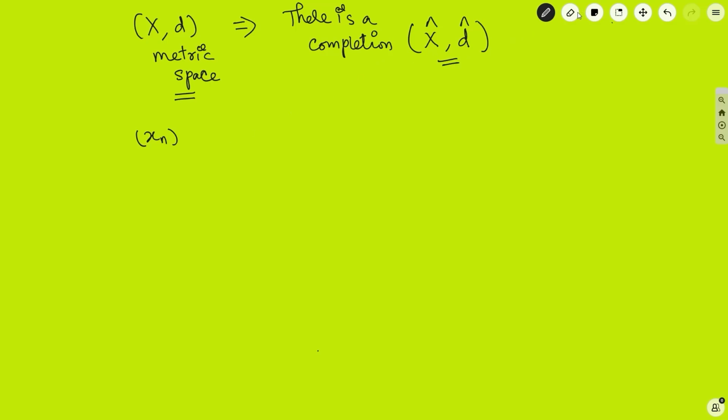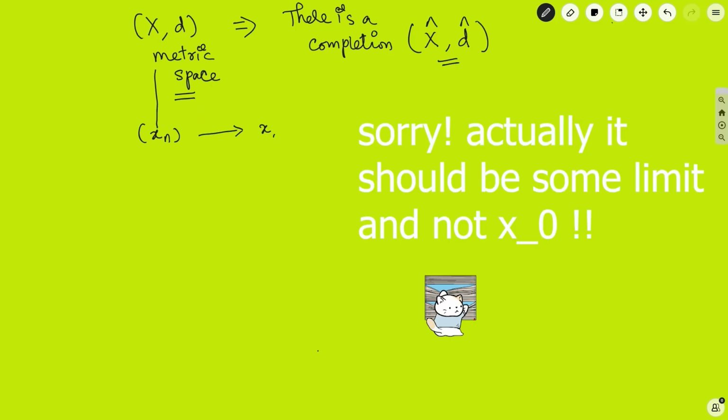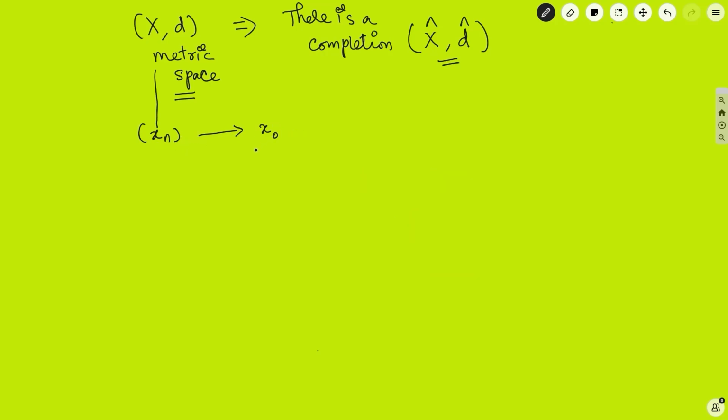Then the proof of constructing this particular completion space is all about providing limits to those Cauchy sequences, right? So if you pick x_n to be a Cauchy sequence in this metric space, then you are providing the limit to this Cauchy sequence as x naught, right? So that's what we are doing.